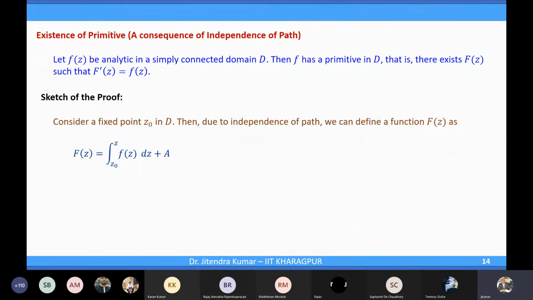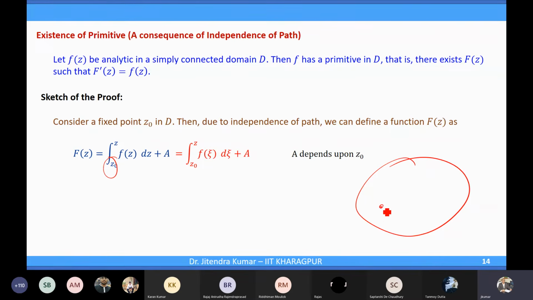So this integral from z0 to z of f(z) dz is some function of z, and I have added some constant a because a will depend on this z0. So where you are starting in this domain matters, because if you start from here and then go to z, the value will be different. If you start from here, the value will be different. So definitely, it matters with the endpoints.